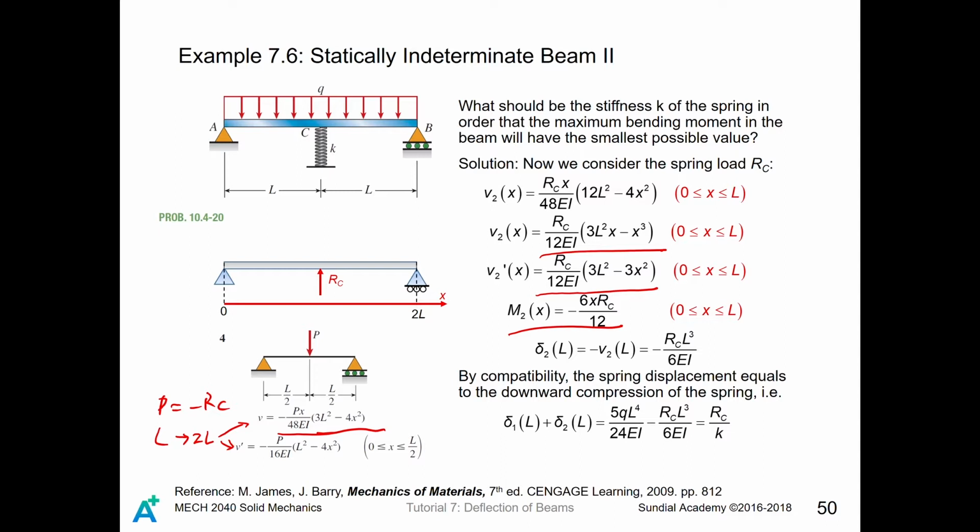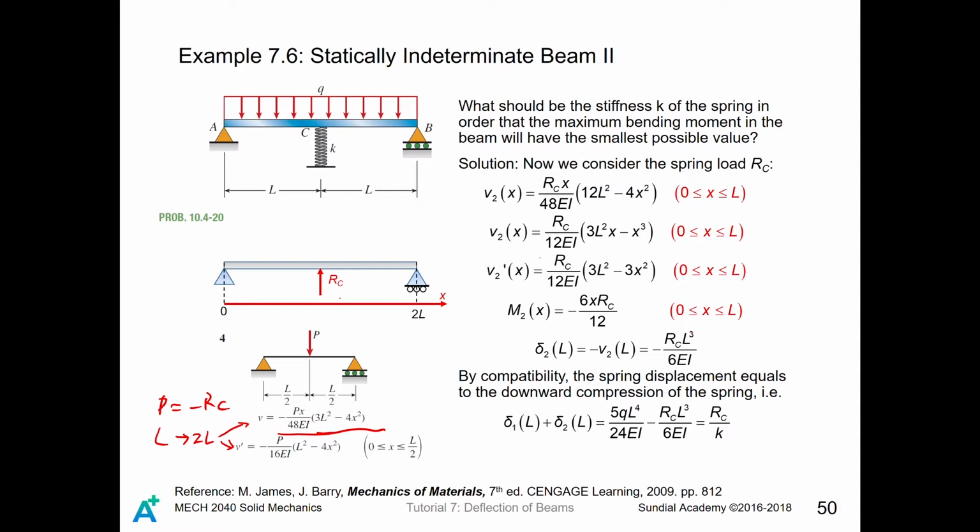Okay, so basically you get a deflection curve, then you differentiate it twice and times EI in front of it, and then you get the moment. So the deflection solely caused by the single load in the middle of this beam is given by minus V2(L), and we substitute the things inside to get RC L cubed divided by 6EI, which is negative.